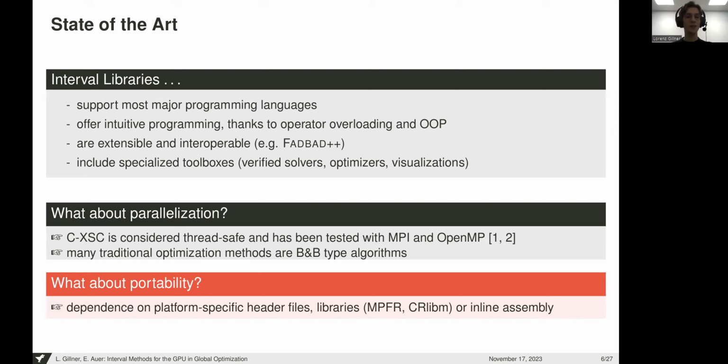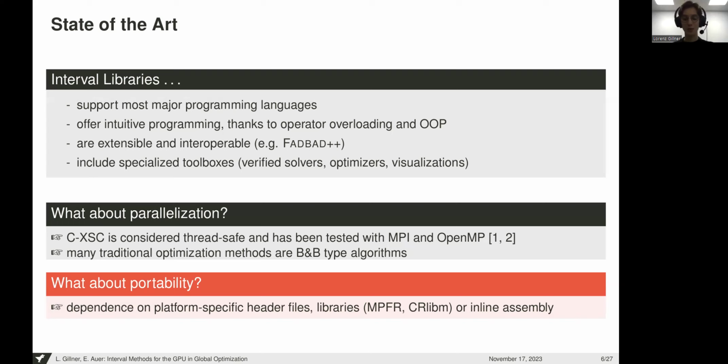So interval libraries for the CPU are not really portable, because they often depend on specific header files, which are system specific, or are built on rounding libraries like MPFR or CRlibm, which are again specific to a certain hardware, or on inline assembly, which makes them not very portable at all.